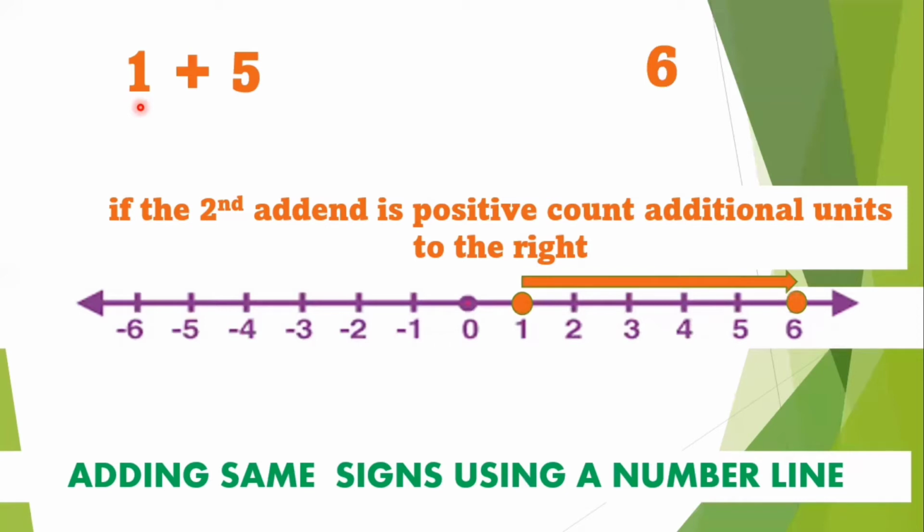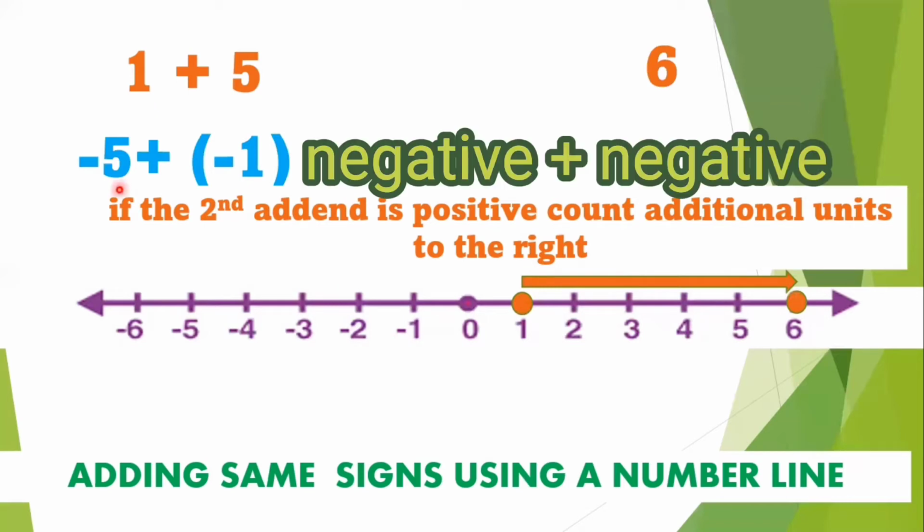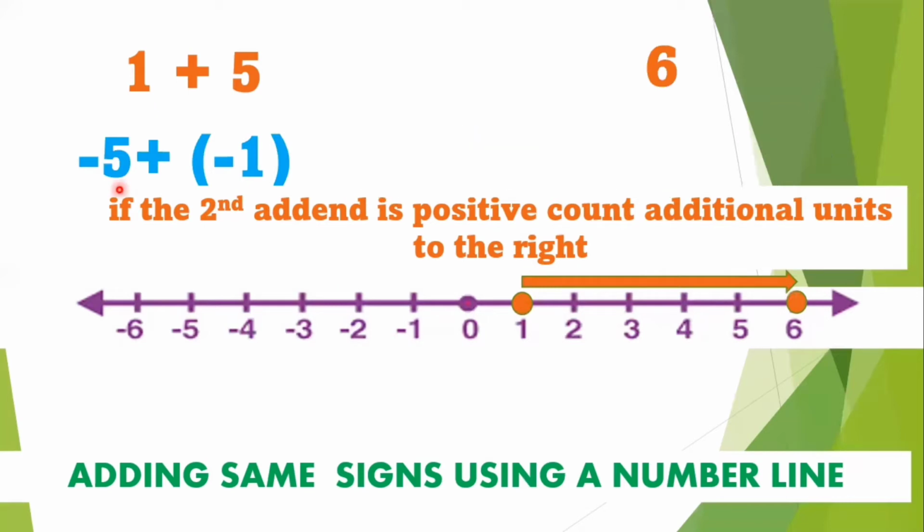How about if we're going to add negative? Halimbawa, we have negative 5 plus negative 1. The first step is hanapin ang first addend sa ating number line. And now, ayan, we locate, we plot our negative 5 here sa ating number line.